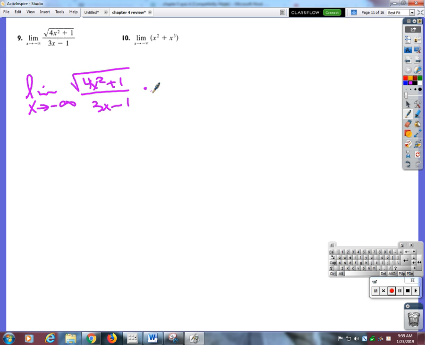So what I'm going to do, I think it's negative 2/3 because it's going to negative infinity. So what I'm going to do is I'm going to multiply the bottom by 1 over x, and I'm going to multiply the top by 1 over the square root of x squared. And those are the same thing, right?